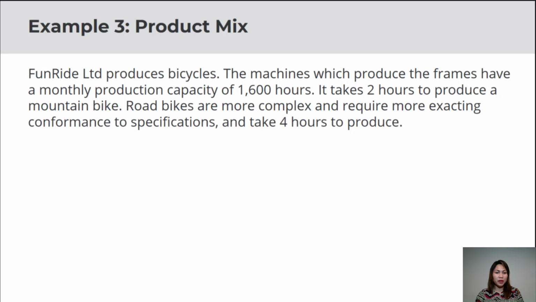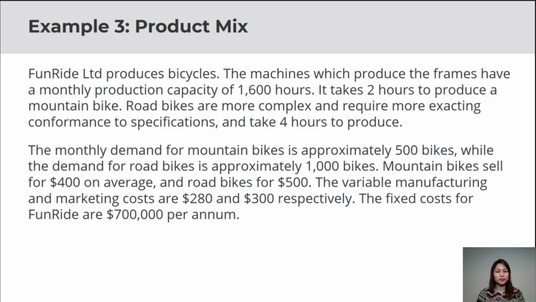And you have two types of product, road bikes and mountain bikes. Let's continue reading. The monthly demand for mountain bikes is approximately 500 bikes, while the demand for road bikes is approximately 1000 bikes. So here you have a maximum demand every month for each type of product.